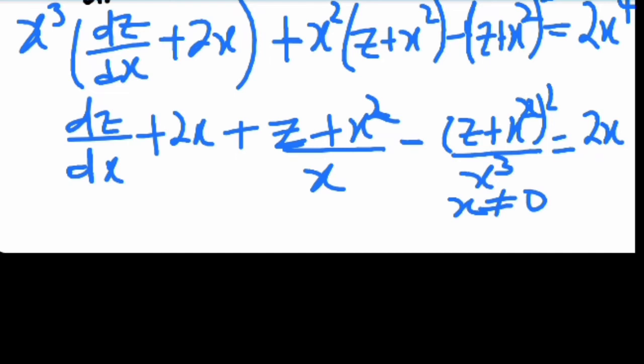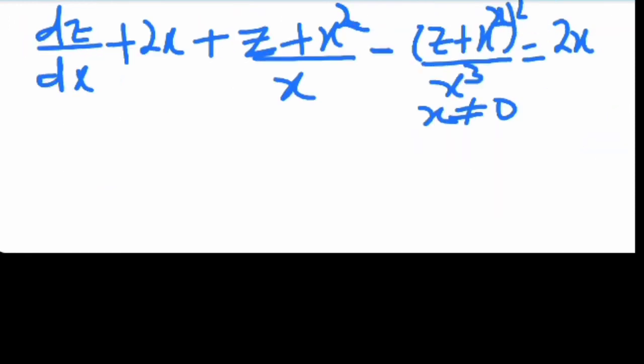So moving forward, we just simplify this equation easily. If I subtract 2x from both sides, this goes and this goes, so it will be 0 remaining here. Just observe that. So what do we have?